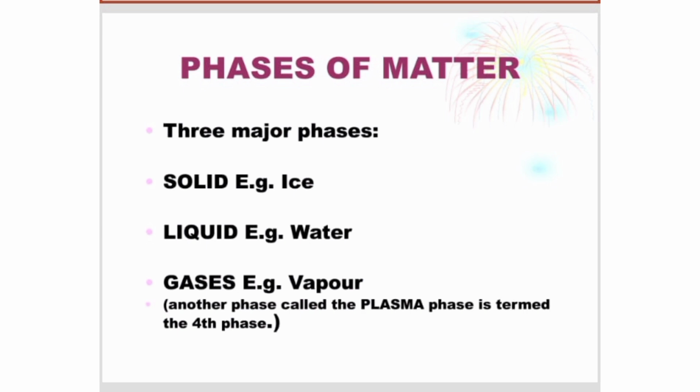Secondly, we look at the liquid phase. This is a middle point between the solid and the gas. In this state, you have the liquid having a definite volume but has no definite shape. It has to be shaped by the containing vessel, the vessel in which it is poured into, the vessel carrying it.